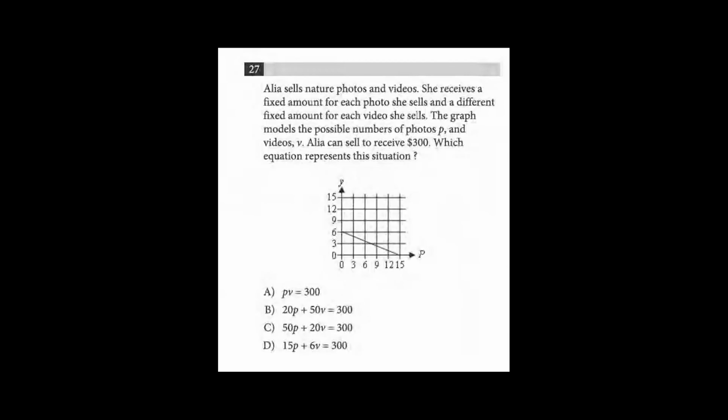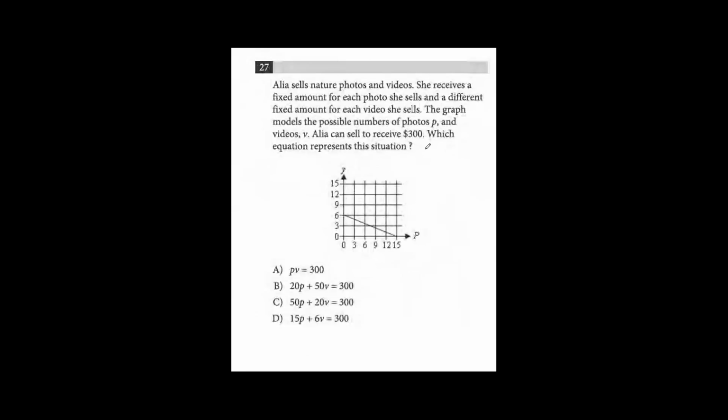Okay, so for question 27, we're told that in total they can sell different amounts of photos and videos to receive $300, which equation represents the situation? So if she sells only V, she only needs to sell 6.